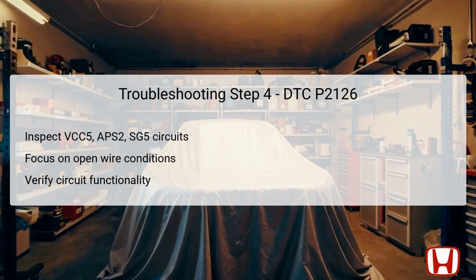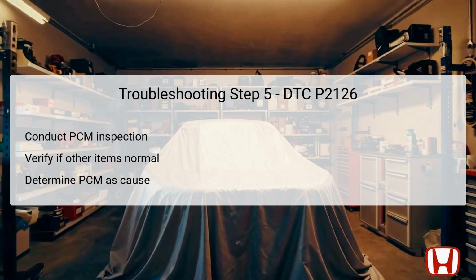for smooth vehicle operation. Finally, the last step in troubleshooting DTC P2126 is to perform an inspection of the PCM itself. This step is initiated only if previous tests confirmed that all other inspection items were normal. A flawed PCM can directly impact its ability to correctly interpret signals from the APP sensor, which leads to the error code being registered.